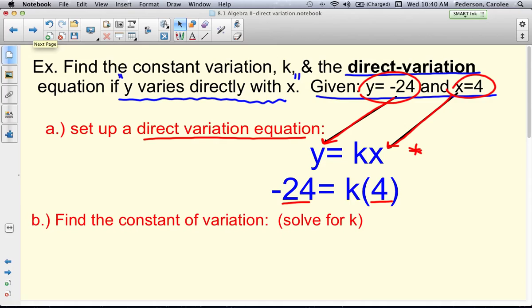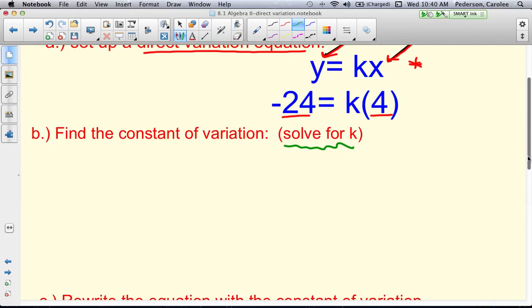Part B is to go ahead and solve for k. So step B, go ahead and underline that. Part B is to solve this blue equation up above in part A for k. So we're going to solve for k. So I'm just going to rewrite the equation. Negative 24 equals k times 4, which is 4k.